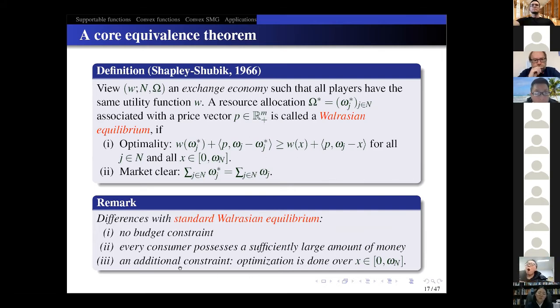And also we have an additional constraint, that is the optimization is done over this domain, and in the standard exchange economy and the standard variance equilibrium, we don't have this restriction.